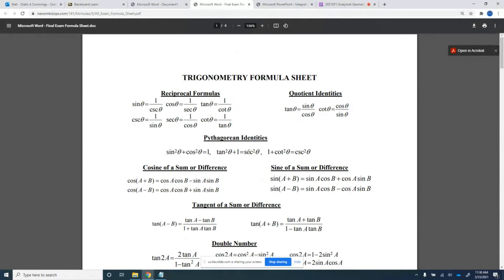Now here's the substitution I'm actually going to make. I'm going to make this substitution with the Pythagorean identity. The second Pythagorean identity says that tangent squared theta plus 1 is equal to secant squared theta. I can actually solve this for tangent square simply by subtracting 1 from both sides.